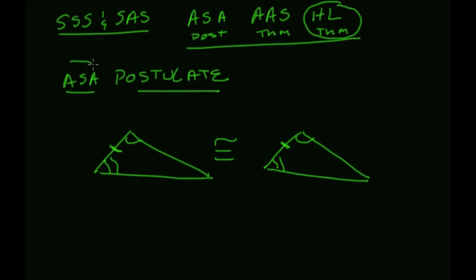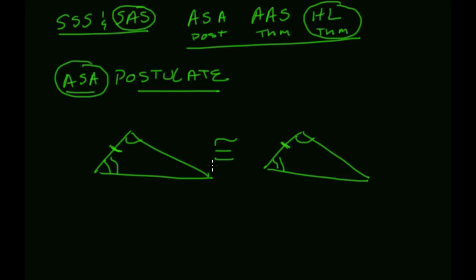Now, ASA requires the side to be included, much like SAS required the angle to be included by the two sides. Now, the question is, will this still hold if the side is not included?